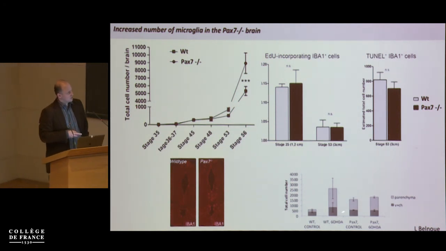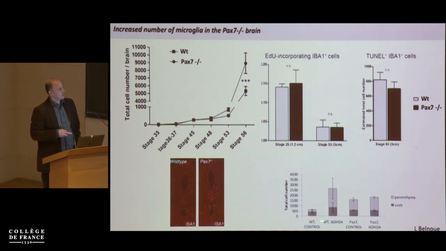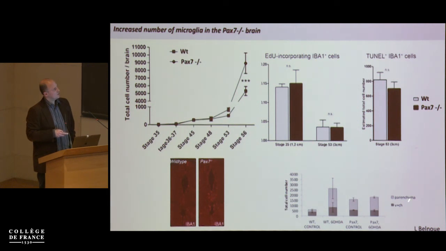And also now, this is a little difficult to understand this slide because you don't have the background here, but when we make an injury, a brain injury, which we usually do with a toxin, 6-hydroxydopamine, that kills a specific subpopulation, there is an increase in microglia, but in the PAX7 mutants, there is a constant inflammation going on, basically.